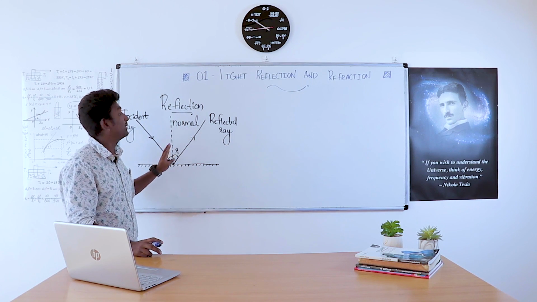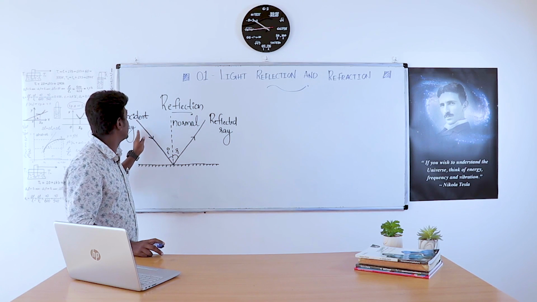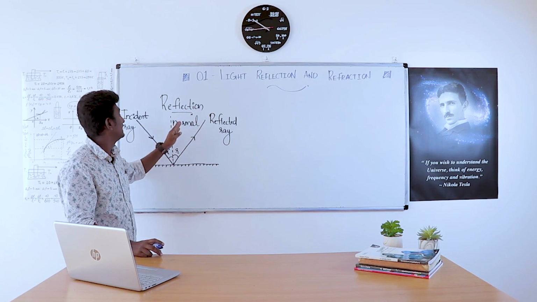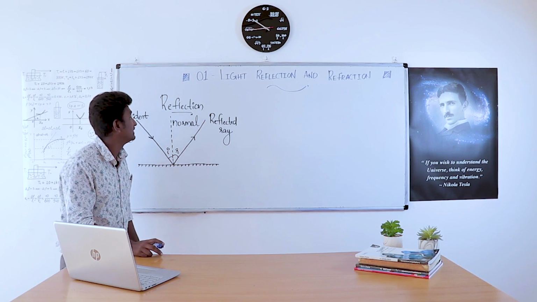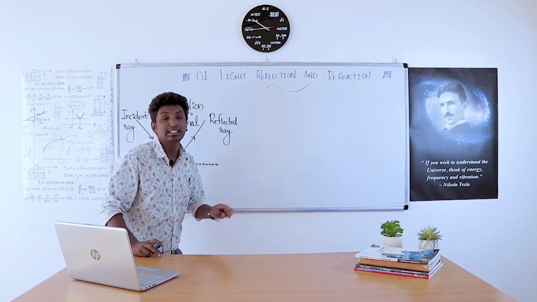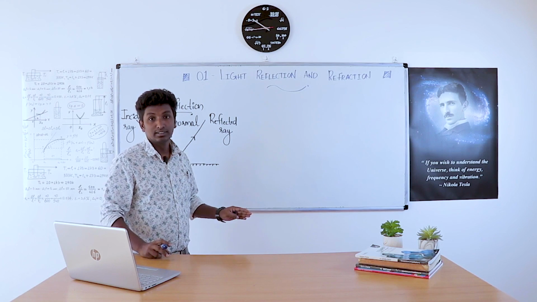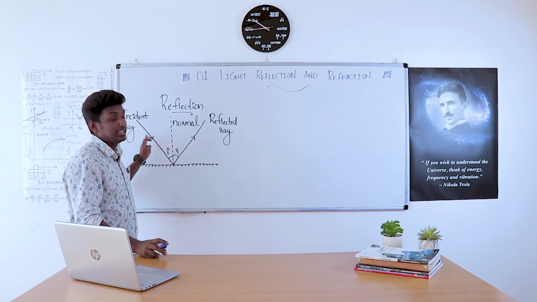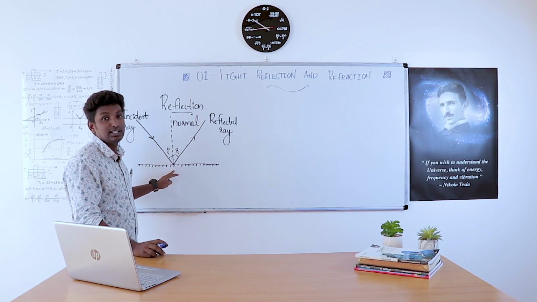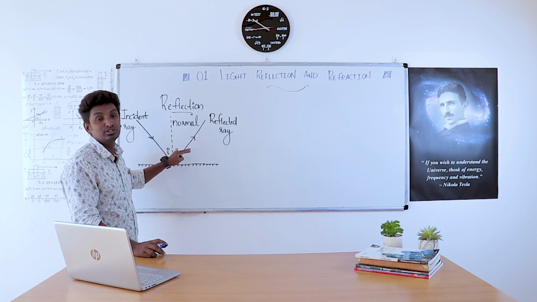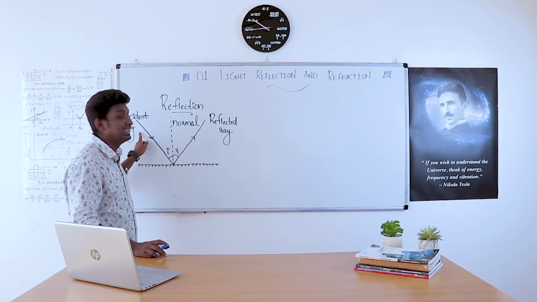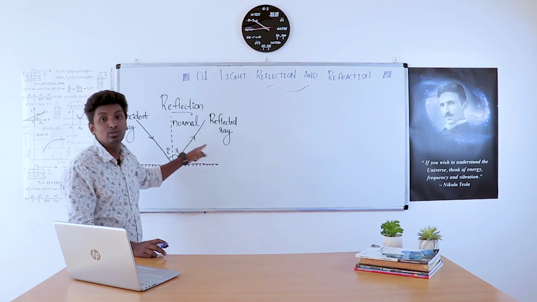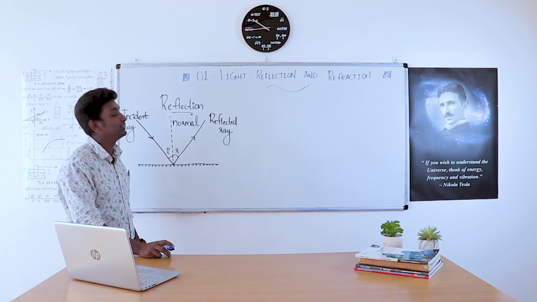So what are the terms related to reflection? Incident ray, reflected ray, normal, angle of incidence i, angle of reflection r. So, basically, what is reflection? When a ray of light is incident on a smooth surface and bounces back, the phenomenon is known as reflection. The ray which is incident on the surface is the incident ray. The ray which bounces back from the surface is the reflected ray.